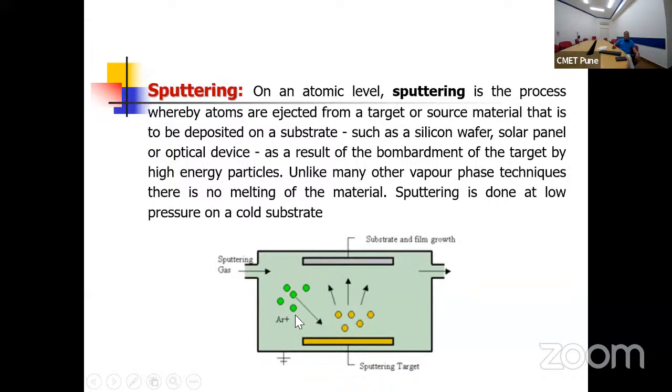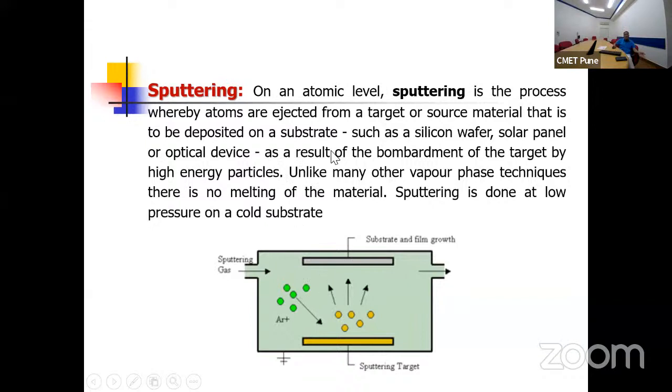With the bombardment of argon ions on the target, suppose you want to deposit silver, you can put a silver target here. If you want to deposit gold, one can put gold, or for oxides like silicon oxide, you put silicon and then put oxygen also here. Then one can deposit that silicon oxide over here.